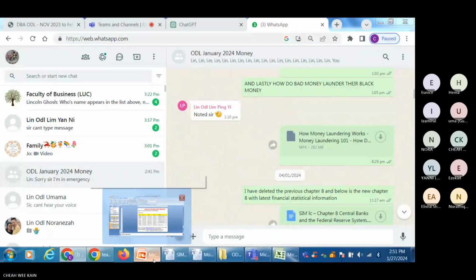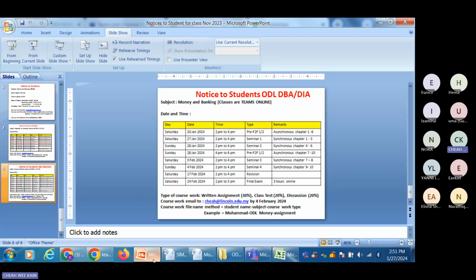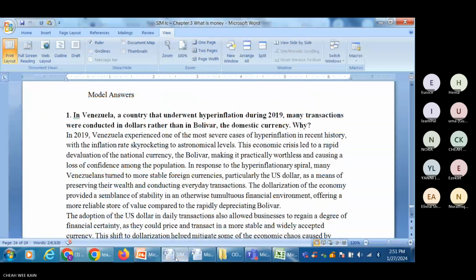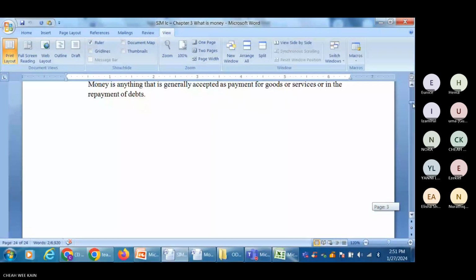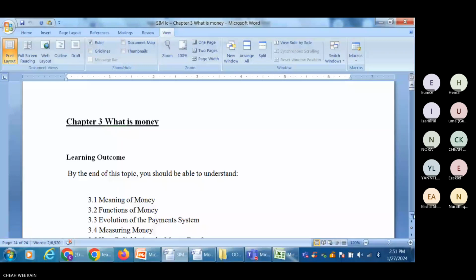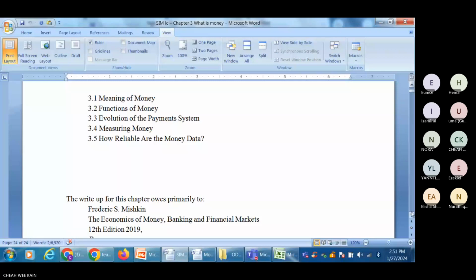Okay, let me summarize this chapter for you. Now, money, you only think of money in your wallet most of the time.